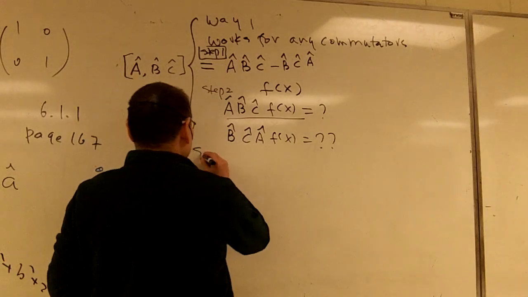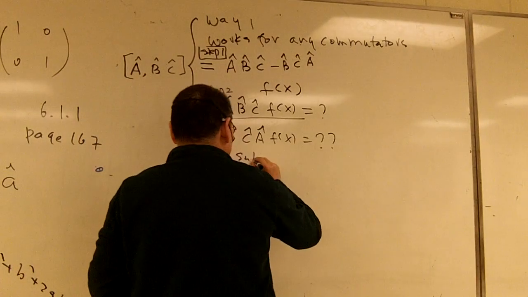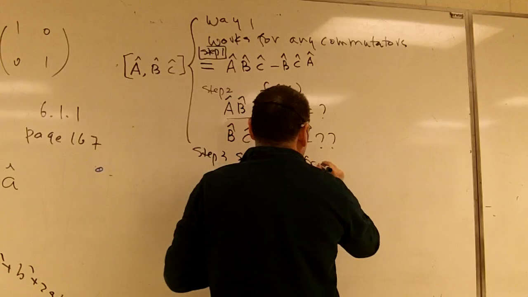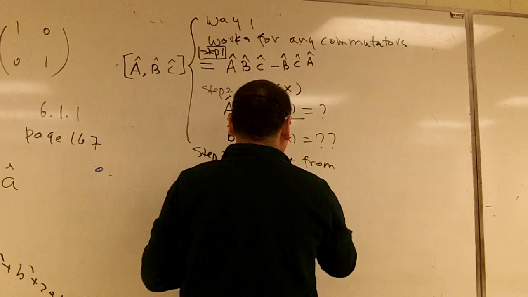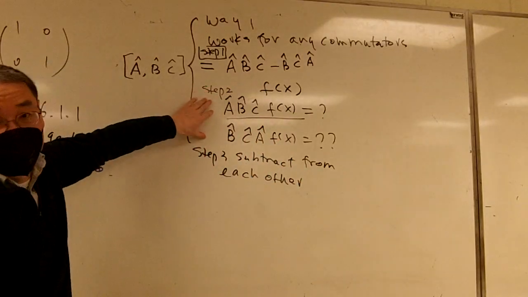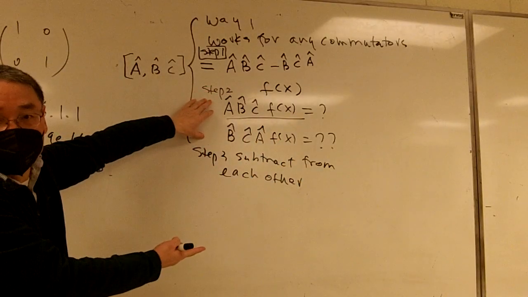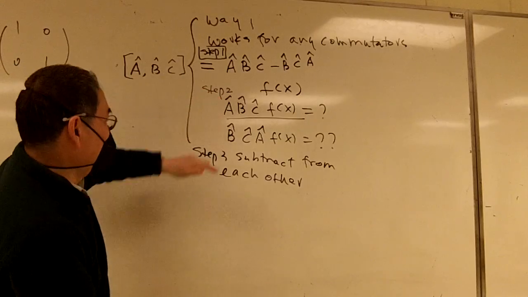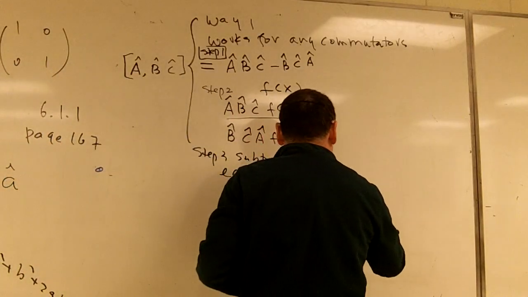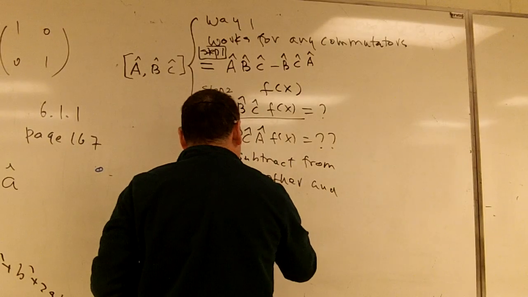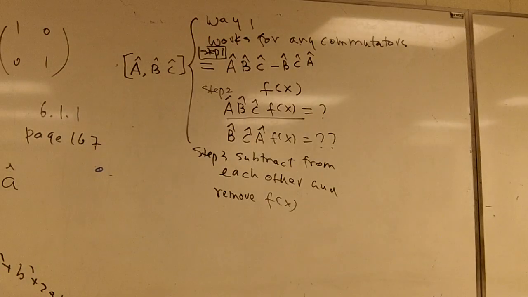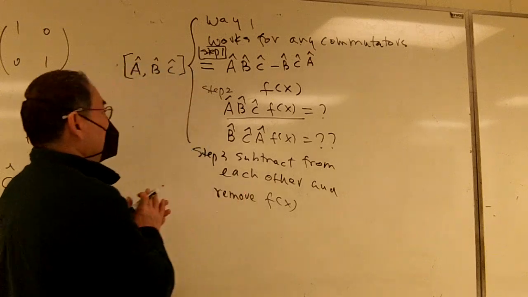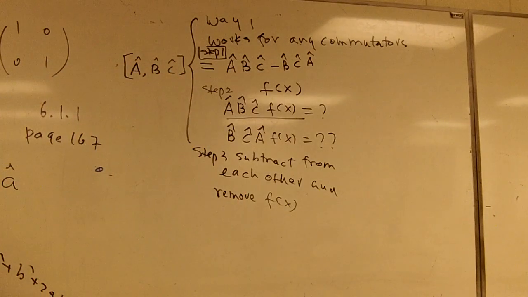So basically the first equation minus the second equation, and you will get an expression. After you do the subtraction, you remove the f of x. So this is way number one. It works for any commutators. You're going to do it like this.